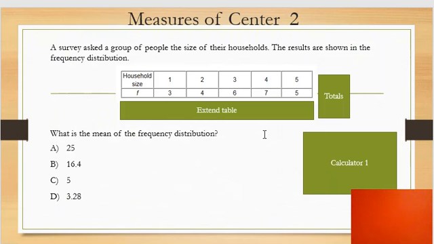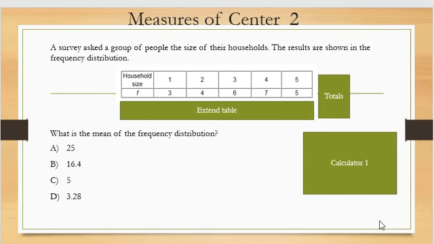All right, next, we're going to look at measures of center 2. A survey asked a group of people the size of their household, and the results are shown in the frequency distribution.